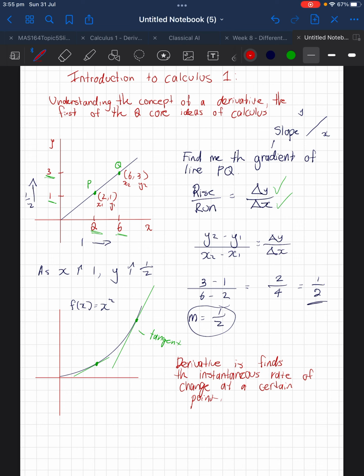So that is the first of 2 core ideas of calculus. The derivative. What is the instantaneous rate of change at a point on a curve?